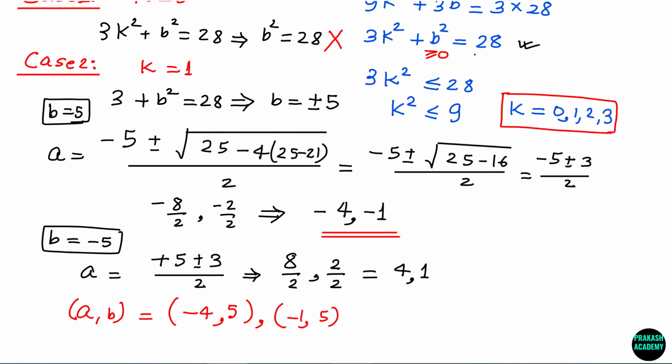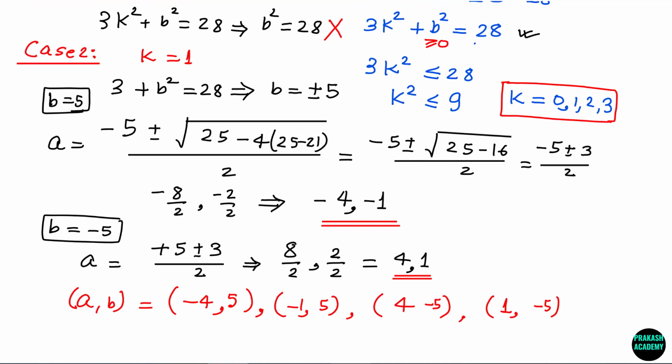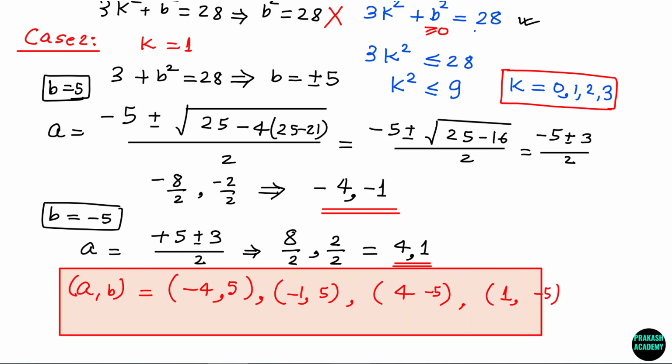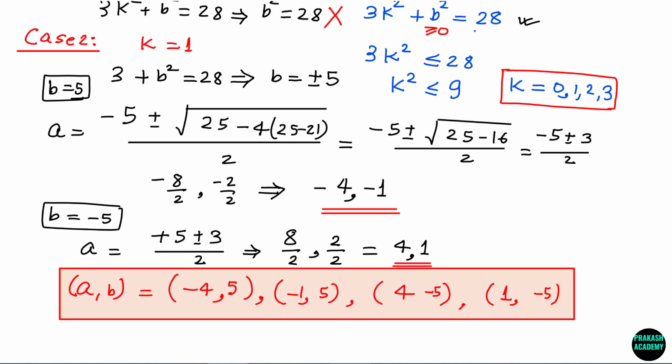And when b is equal to minus 5, then we have two solutions, that is 1 and 4. So from this case, basically we got 4 pairs of solutions. So these are the 4 pairs of solutions that we have. So this is for case 2, that is k is equal to 1.